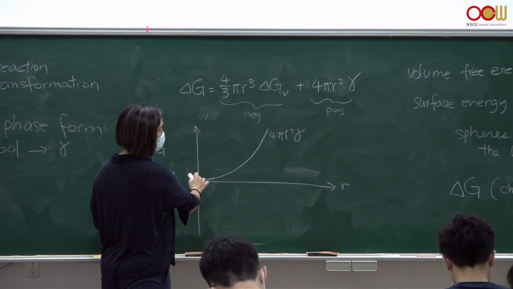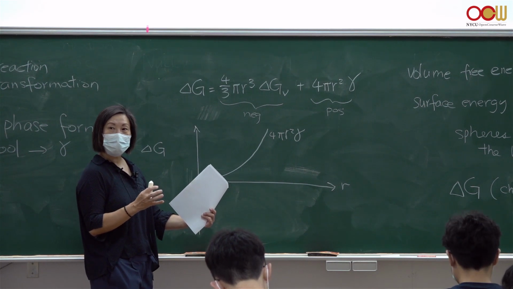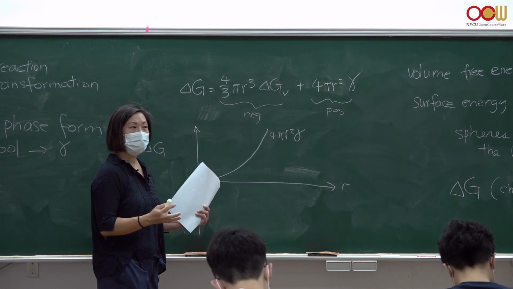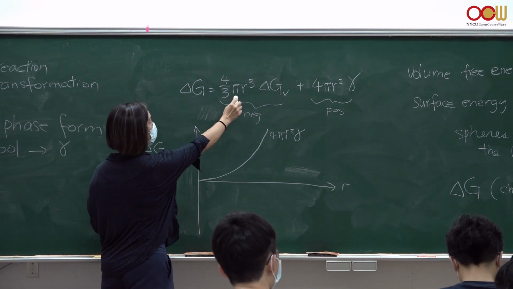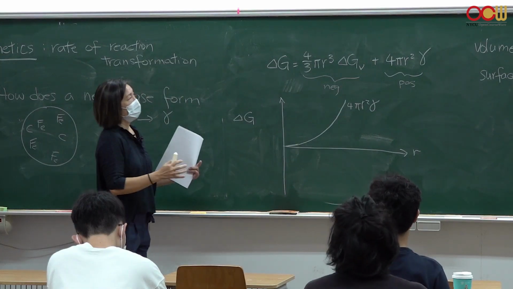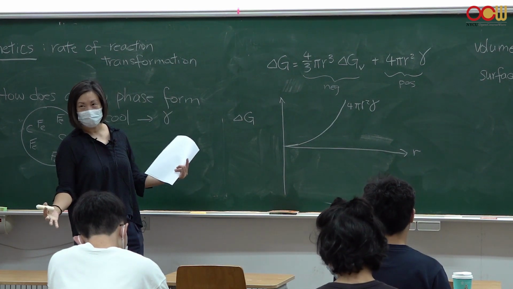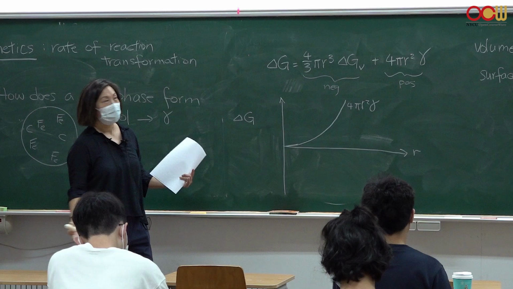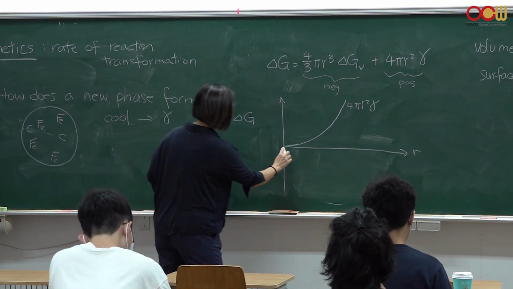So as my particles get bigger, the increase in energy due to the increase in surface area will also get bigger. As my particles get bigger, the decrease in energy due to the increase in particle size will also get bigger as a function of r cubed. So it looks something like this.